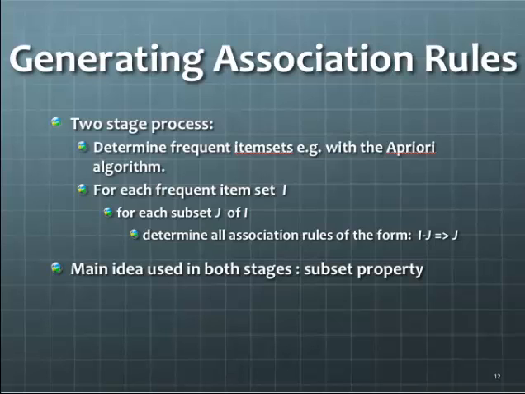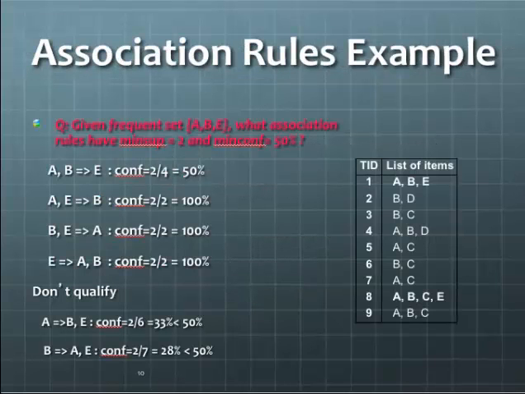And there is a very important concept in rule generation, in association rule analysis. It's called the subset property. You may notice from our previous examples that for all the rules generated from a given frequent item set, their supports are equal to the support of this frequent item set.